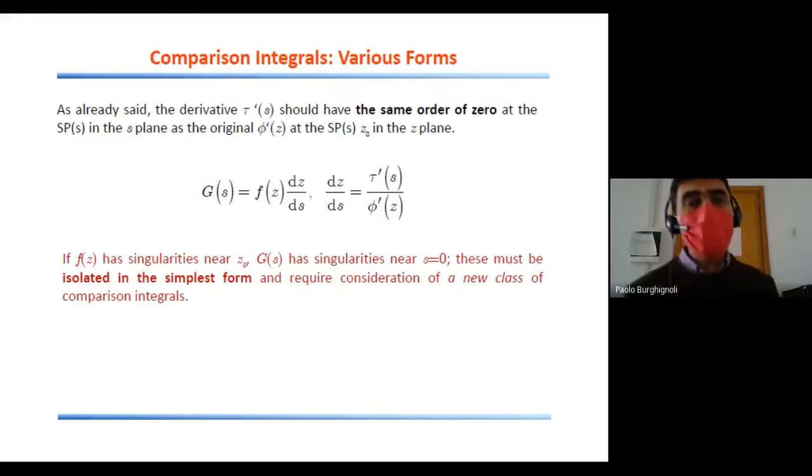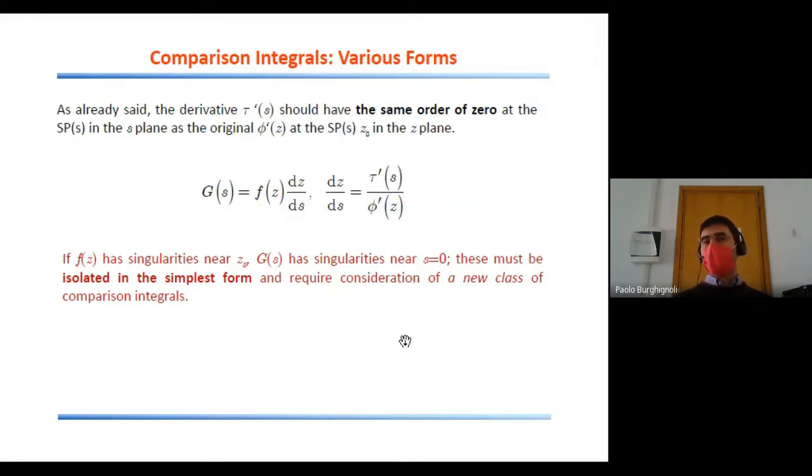Now, as we already said, in order to have a regular function g, the derivative tau prime should have the same order of 0 as the original phi prime has in the z-plane. However, it may occur in practical cases that the function f has singularities close to the saddle point, and this translates into the function g having singularities near the saddle point at the origin.